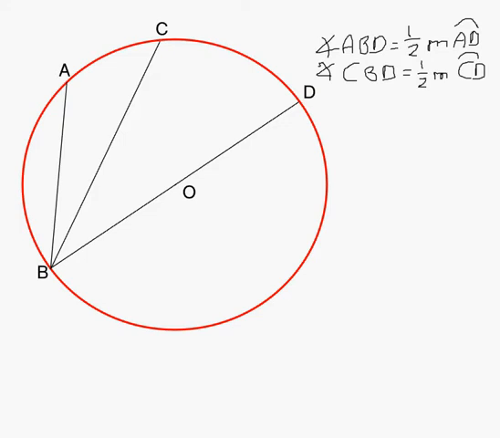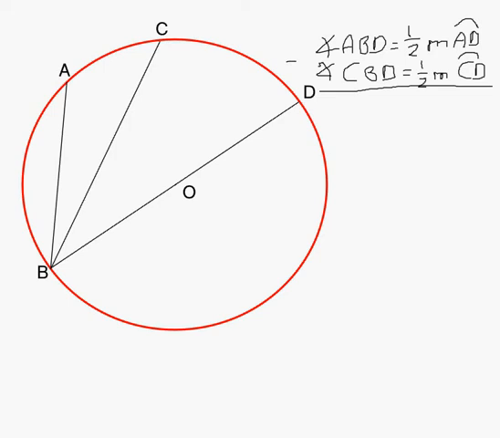So in order to come up with the statement for angle ABC, it's fairly easy once we notice that angle ABC is actually angle ABD minus angle CBD. So we could take these two equations and subtract one from the other.